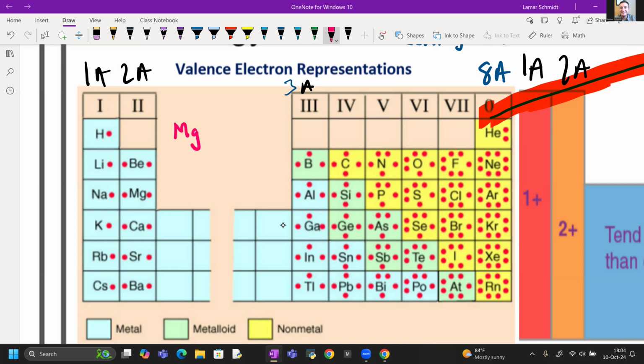And then we go to group 2, and we notice, like for magnesium, that there's a dot on 2 sides of the symbol. And that is proper for drawing dot structure. So when we draw a dot structure for magnesium, we would not want to draw two dots on the same side of the symbol. So when we draw dot structures, they do represent the number of valence electrons.